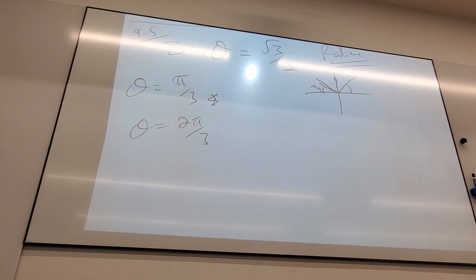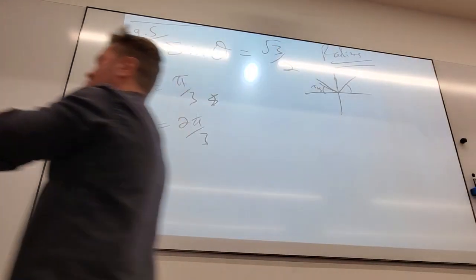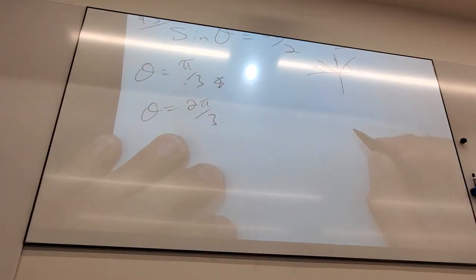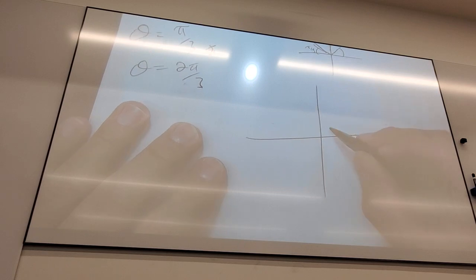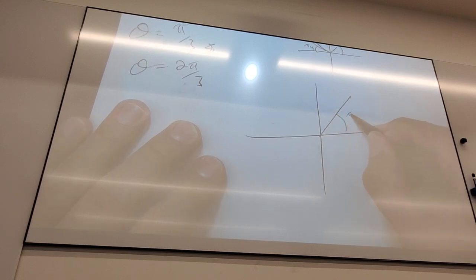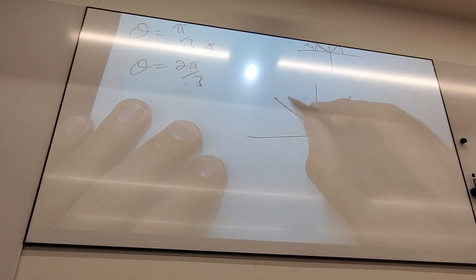Infinite number. I love it. Some of you are like, if I don't say it, maybe I don't have to worry about it. I'm not going to write an infinite number of numbers. I'm going to capture all the answers. So help me out. One answer is pi over 3, yes? And the other answer is 2 pi over 3.